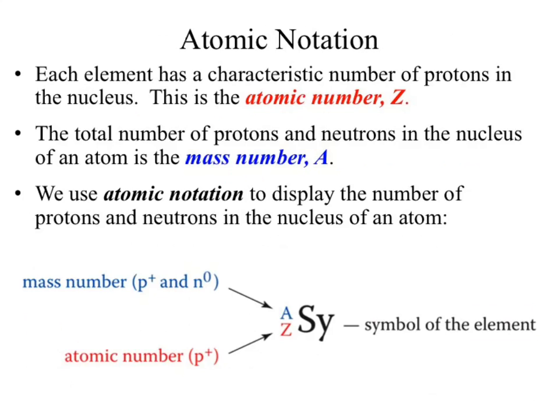We'll come back to neutral a little bit later, but for the most part, what we're looking at here is the number of protons. That number is written in the lower left-hand side of our symbol, representing our nucleus.